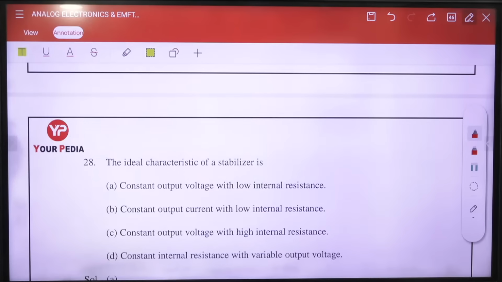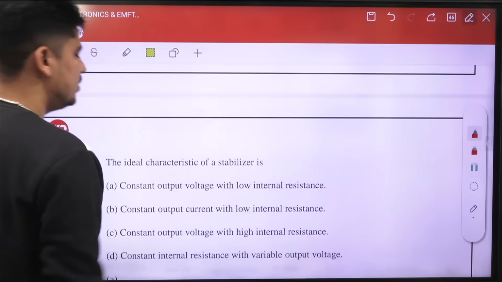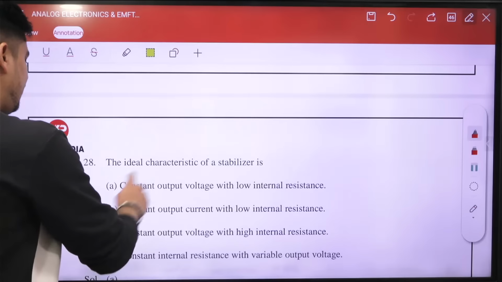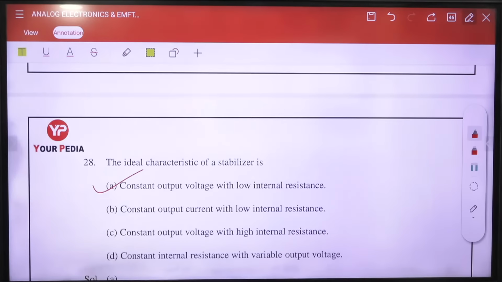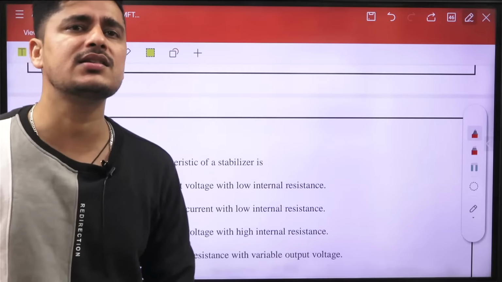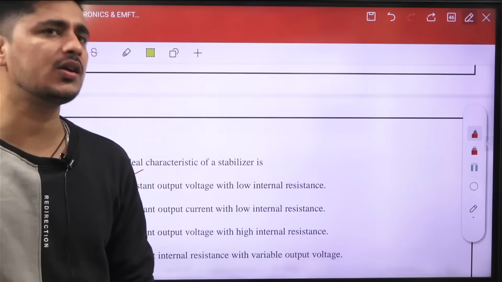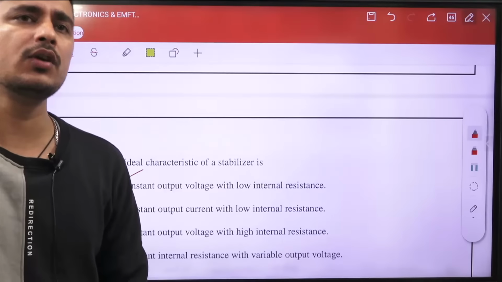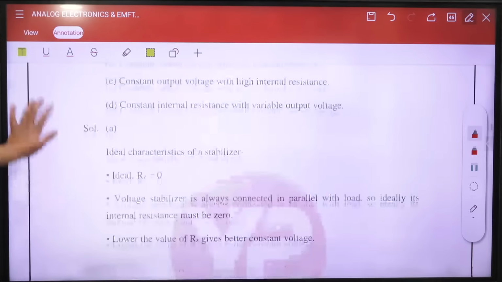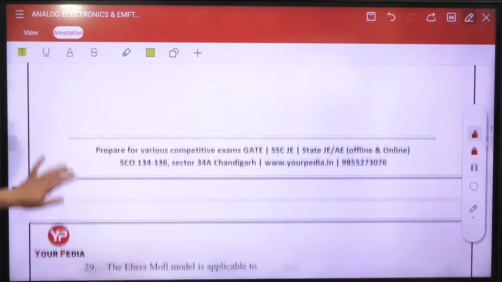So constant output voltage, and should its internal resistance be high or low? Low, so that there will be no drop inside it. So the total stabilized voltage will go across the load. So the answer will be A: the constant output voltage with low internal resistance. If there is internal resistance, then if the current through the stabilizer changes, the voltage of the stabilizer will change. That's why constant output voltage with low internal resistance. Next.